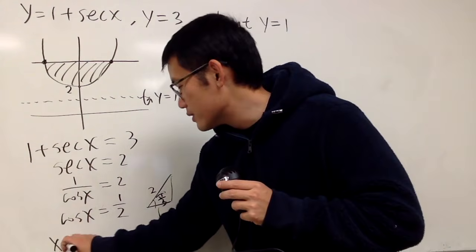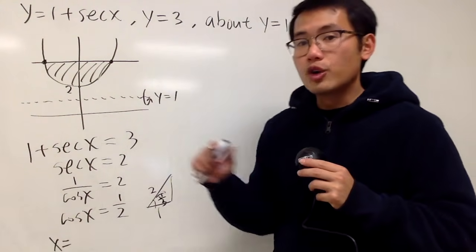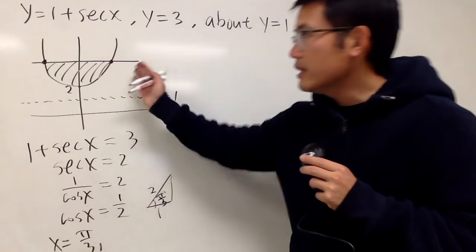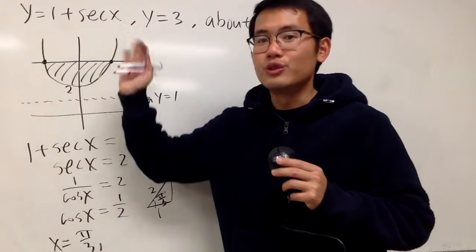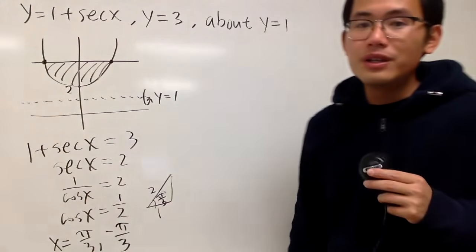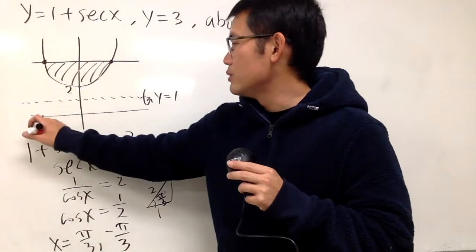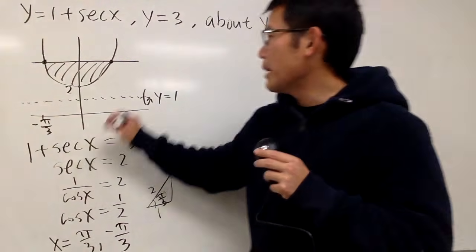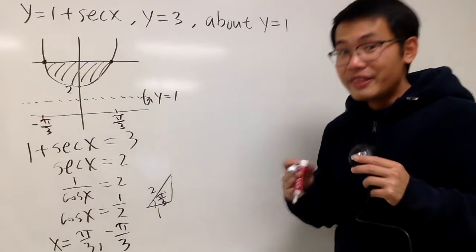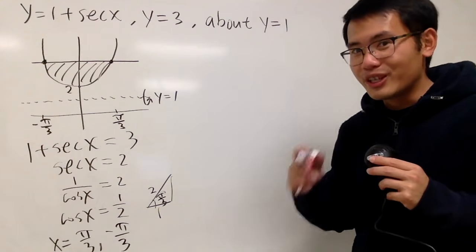So you know x is going to be, right here, pi over 3. And we also need a negative version, which is negative pi over 3. And these are the two x values that we need, right? So not so bad. So let's go ahead and label that negative pi over 3 and also positive pi over 3, right?